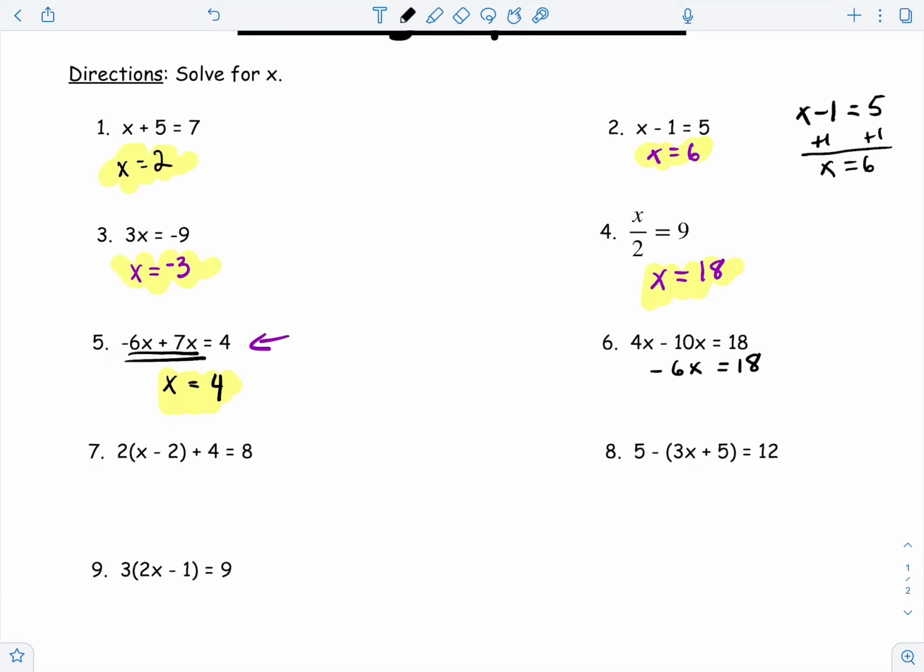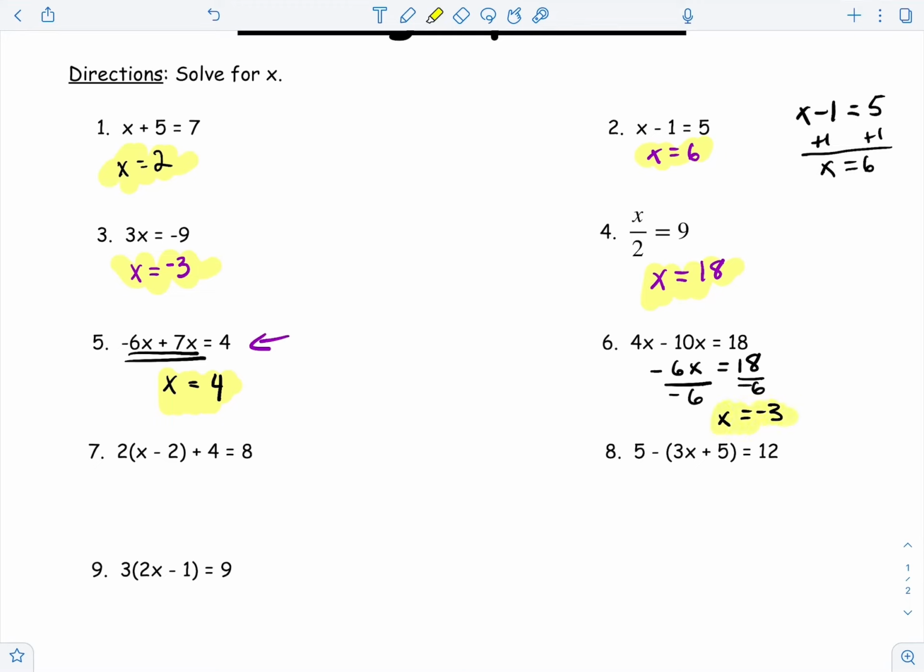So now negative 6 times what gives us 18? Maybe you guessed negative 3, and you're right. Or if you don't know what to do, then use the opposite of multiplication, which is division. So we divide by negative 6, and we have x is equal to negative 3.